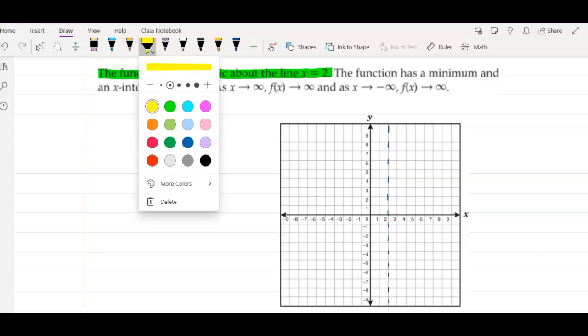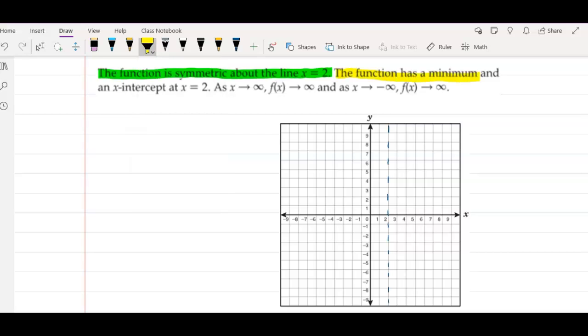Another clue, the function has a minimum and an x-intercept at x equals 2. So a minimum right here at x equals 2, that's also an x-intercept. That's a minimum, so I know it goes up from here.